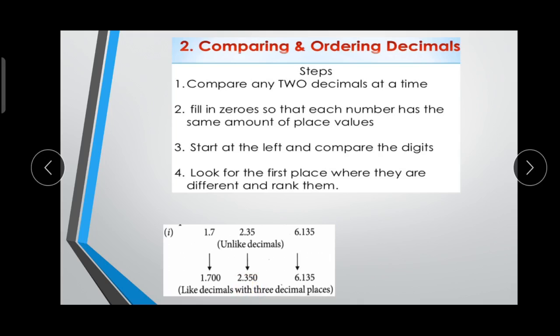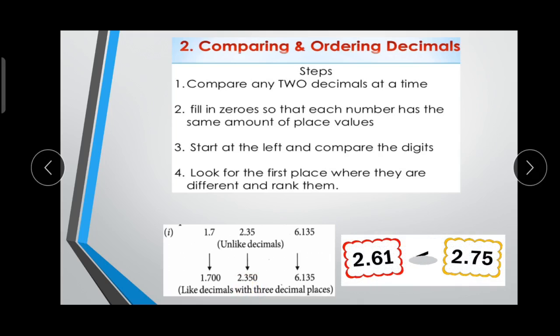Now let me show you one more example. 2.61 and 2.75. Can you tell me which is the greatest one? First of all, we compare the whole number part. The 2 is the whole number part here, and the 2 is the whole number part here. So in both numbers it is 2 and 2. If the whole numbers are the same, which place do we compare?